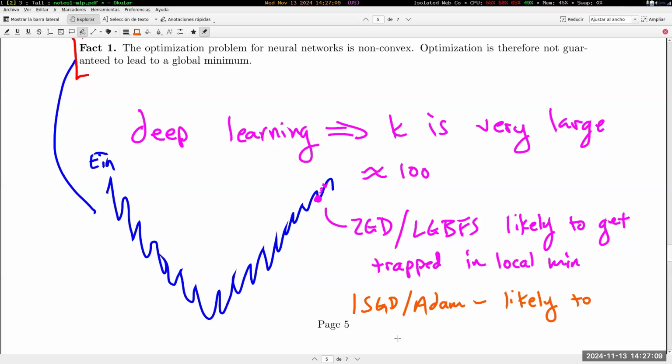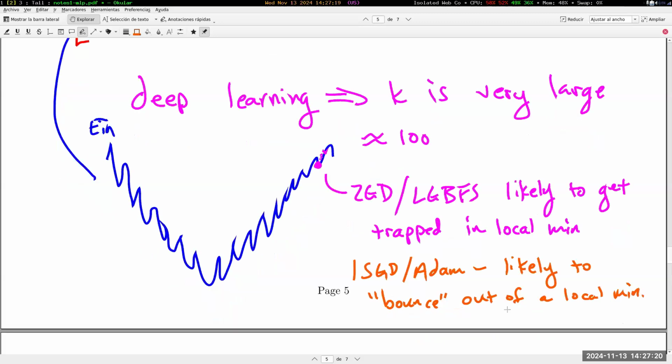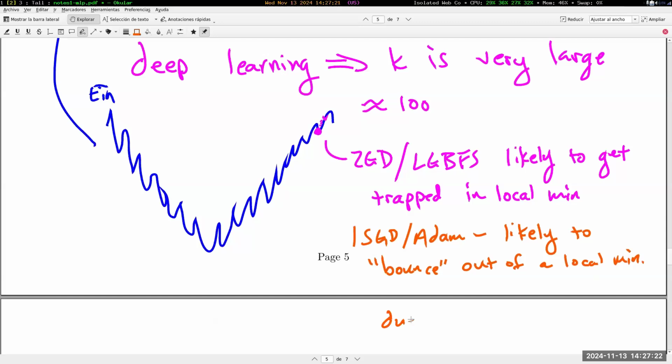Likely to bounce out of a local minima due to randomness.